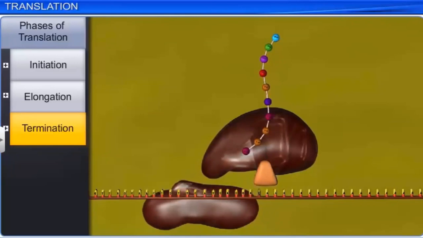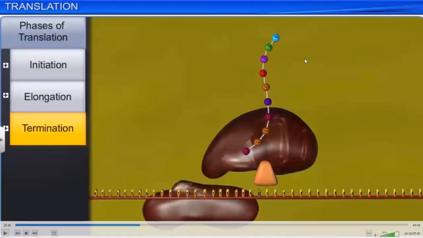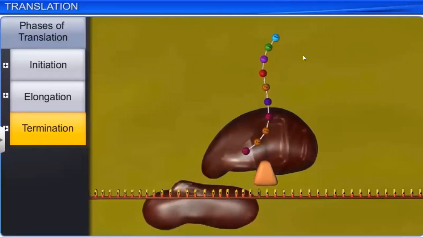Now the process begins with initiation, where the initiator tRNA will come and sit on the mRNA, which also starts the process. Now when all three things come, the mRNA and the ribosomal subunits, the smaller and the larger, it recognizes the site and sits on, and on the ribosome the first tRNA will come, then only the process initiates.